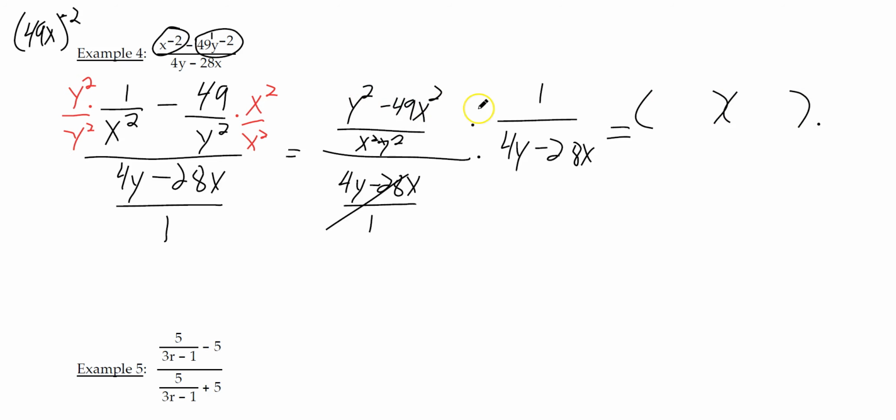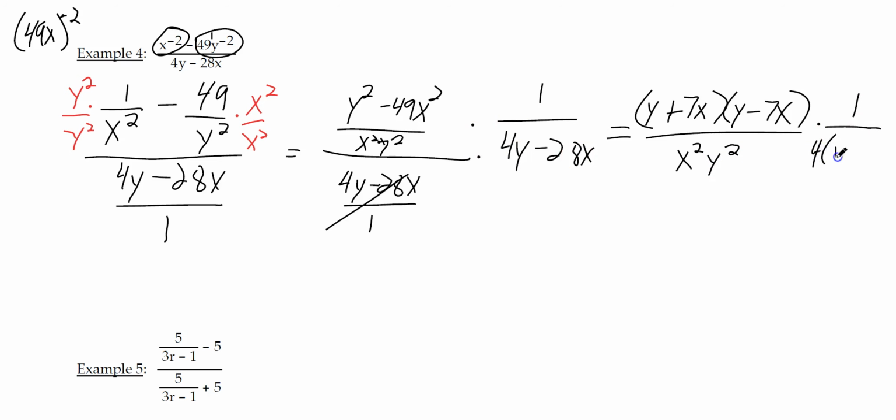So y squared minus 49x squared, that's a difference of squares. That's y plus 7x and y minus 7x over the x squared y squared times 1 over, now here we can factor out the 4 and y minus 7x.